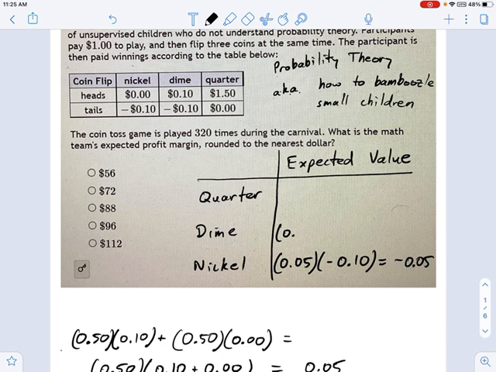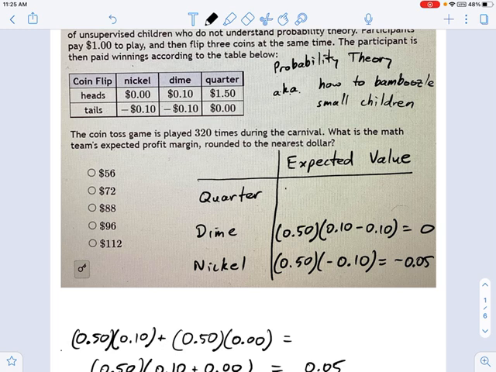Well, I typoed this one, hold on. The expected value of the dime is half, or in other words, the average of 0.1 minus 0.1, right? There's your winnings, there's your losings. So that's going to be 0. In other words, you flip this dime 100 times, 50 times it's heads, 50 times it's tails, you come out nowhere, right? You don't make any money.